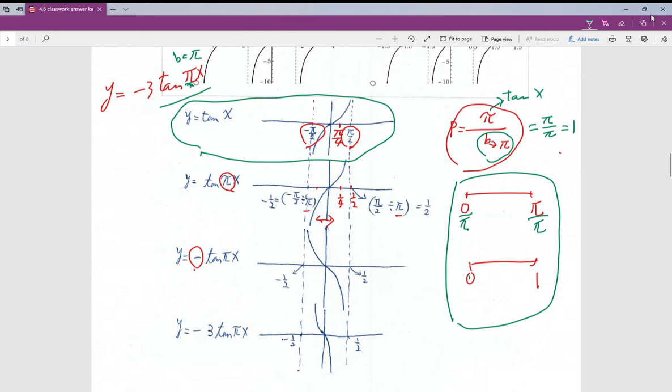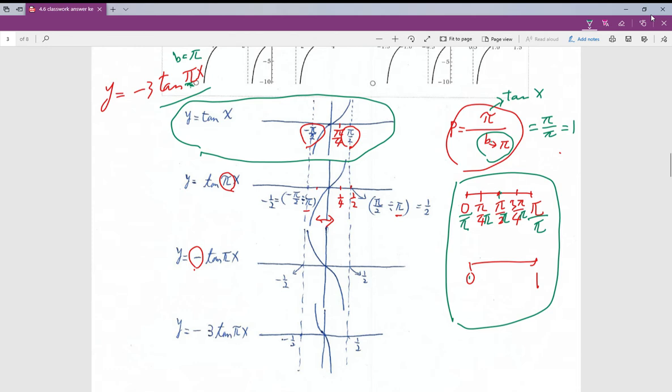In other words, all the angles in between, if you have pi over 2, pi over 4, or 3 pi over 4, for example, then the new graph will be all divided by pi.